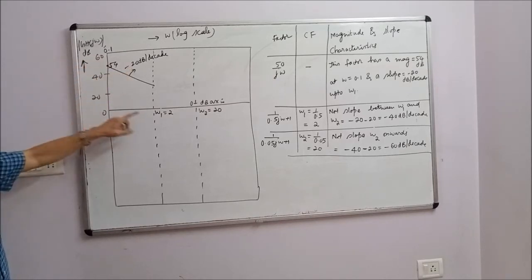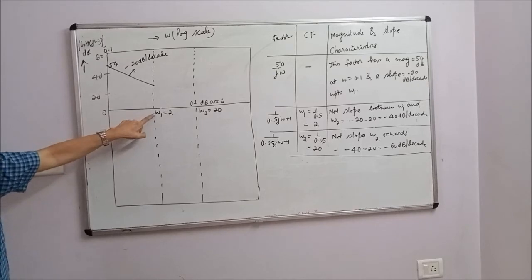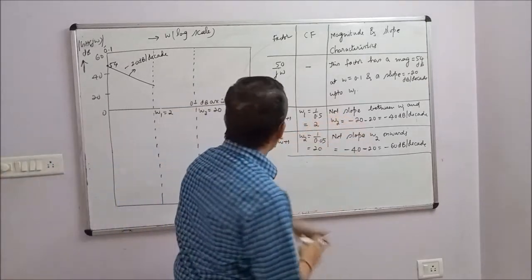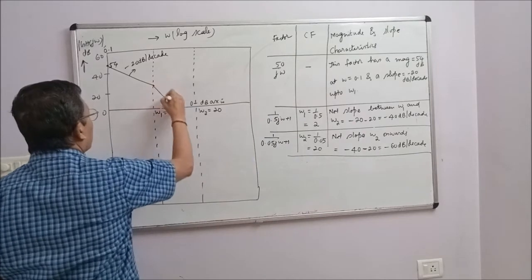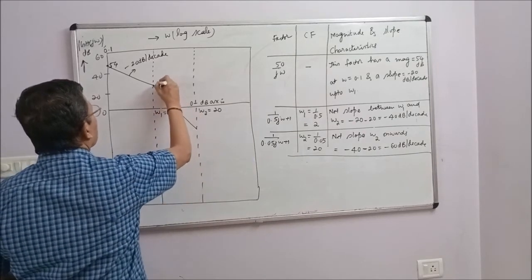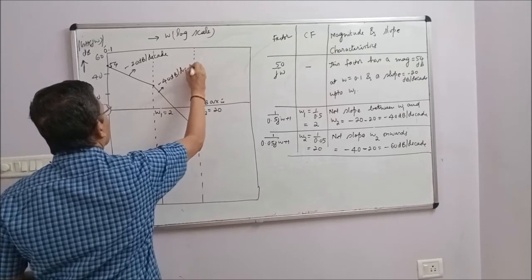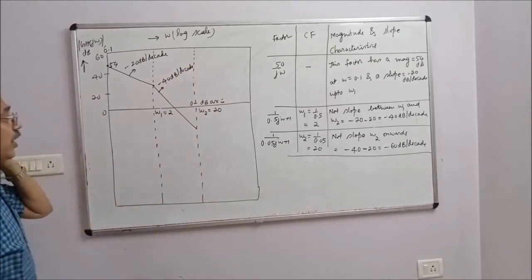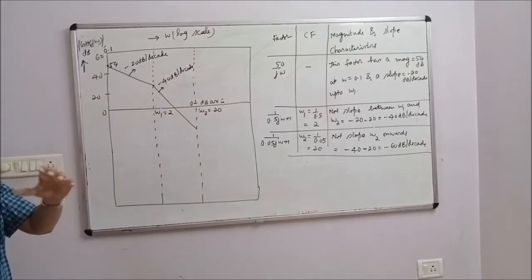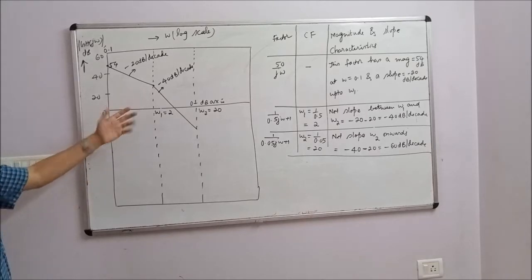This line should stop at omega 1 equal to 2. Between omega 1 and omega 2, the slope is minus 40. This is a line of slope minus 40 decibels per decade. How to draw this line, I will explain with respect to a semi-log sheet by the end of this problem.